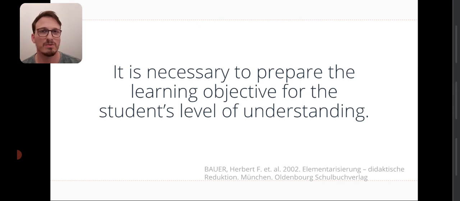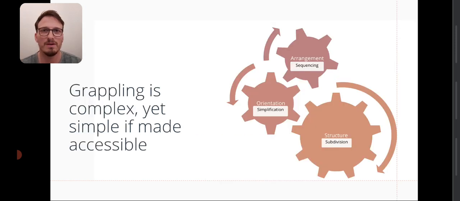As I already mentioned when I talked about goal setting, there have to be different levels of goals for different levels of students, and it's your job to break it down so that everyone can understand what's going on. In general, grappling is a very complex sport.